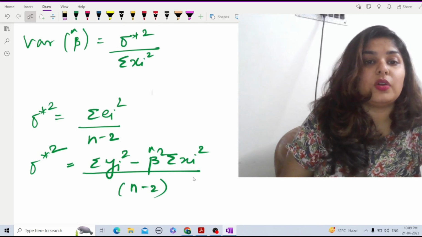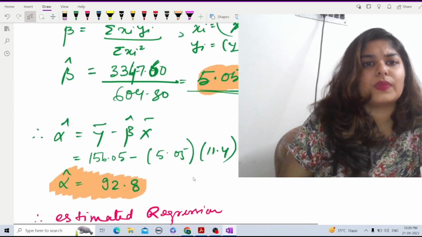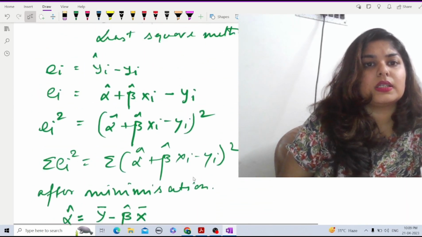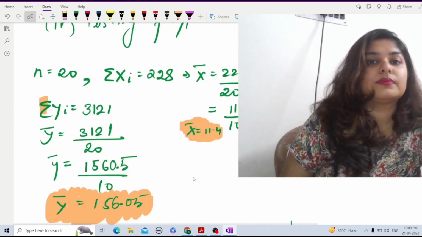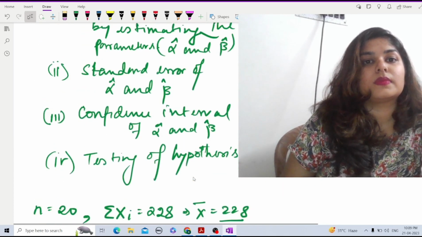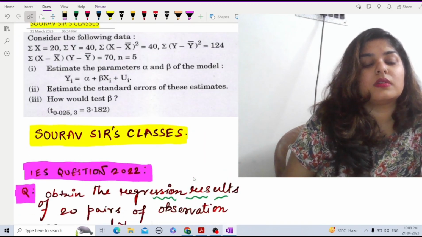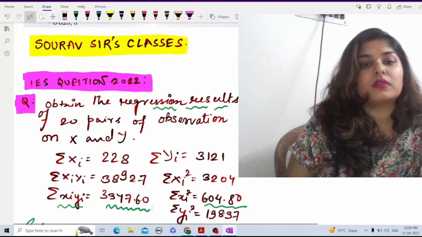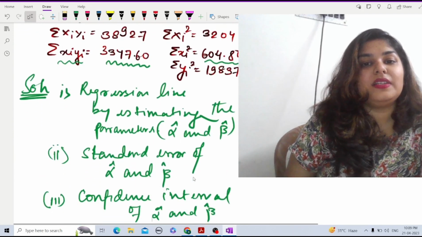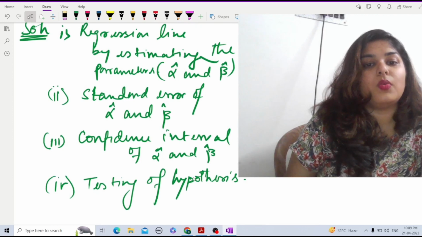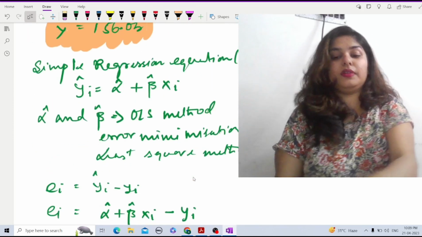Let's go up and find it in the data. Yes, the value is 19837.